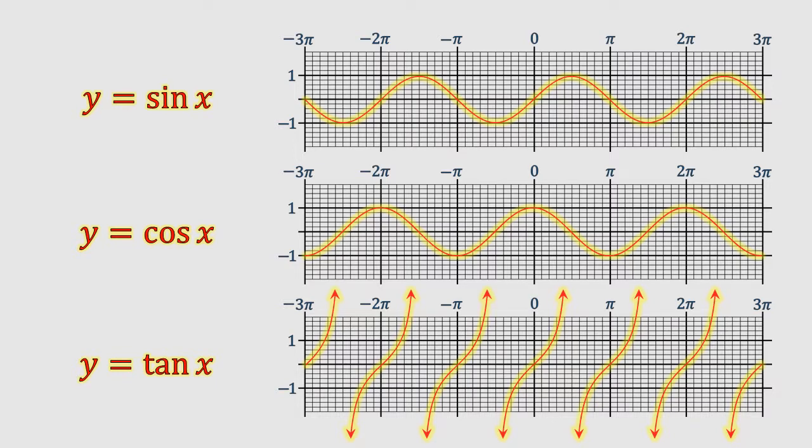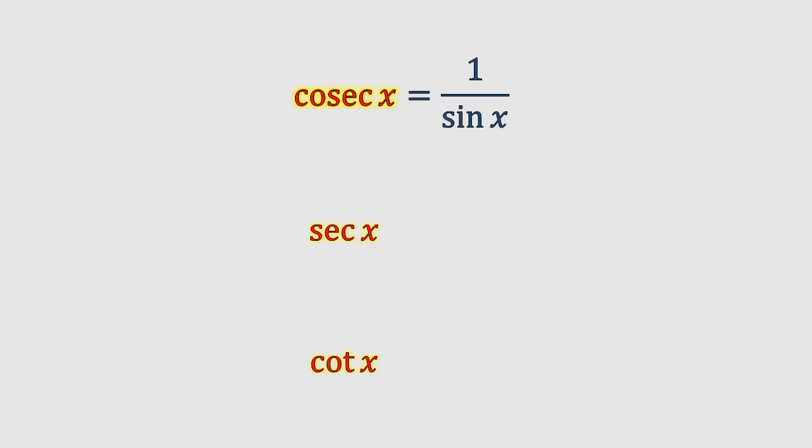In this episode, be prepared for a lot of graphs. Here are the graphs for the functions sine, cosine, and tangent. We begin with defining the three functions cosecant, secant, and cotangent. Cosecant x is the reciprocal of sine x.